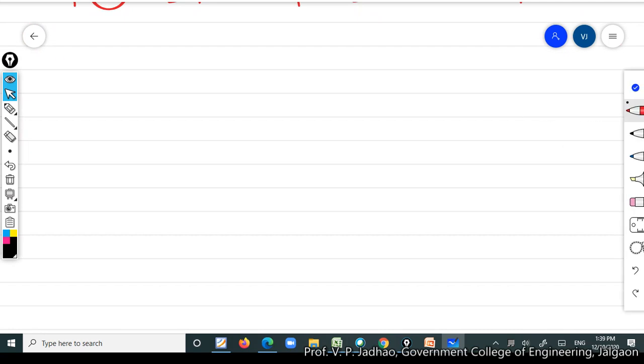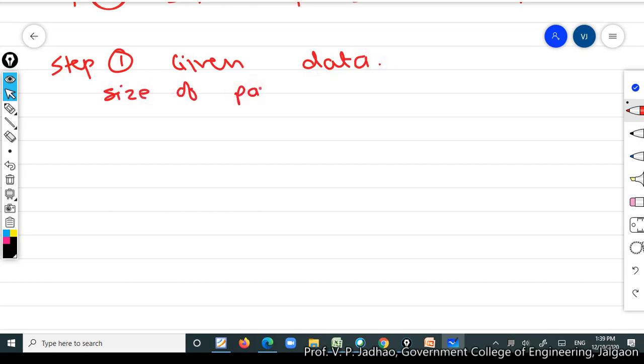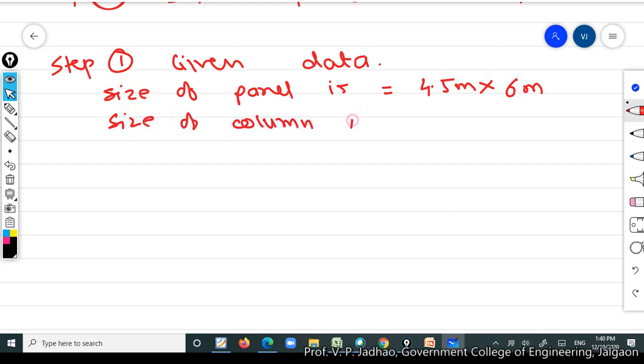Step number 1, given data. Size of panel is equal to 4.5 meter by 6 meter. Size of column is 300 mm by 400 mm.